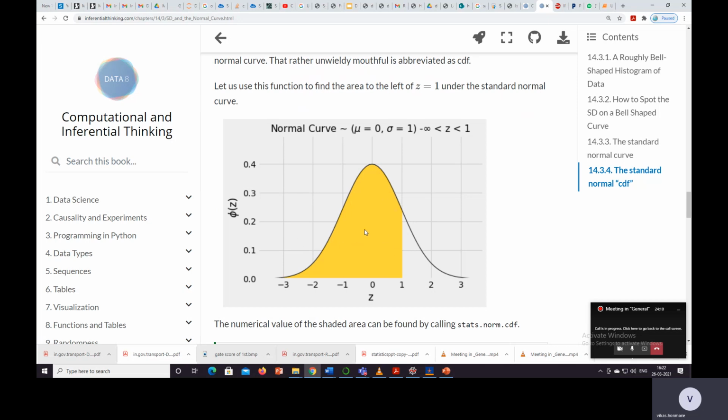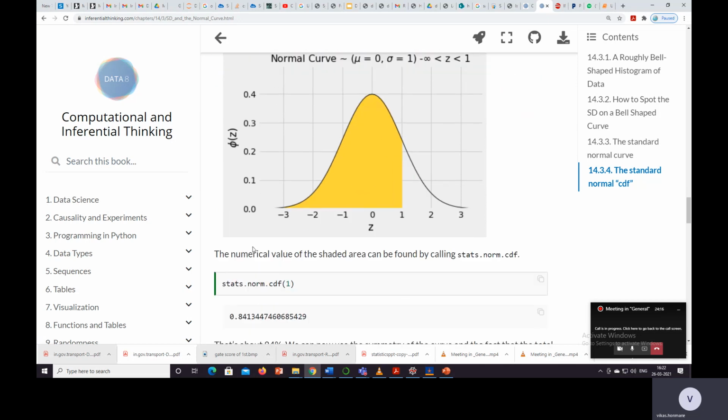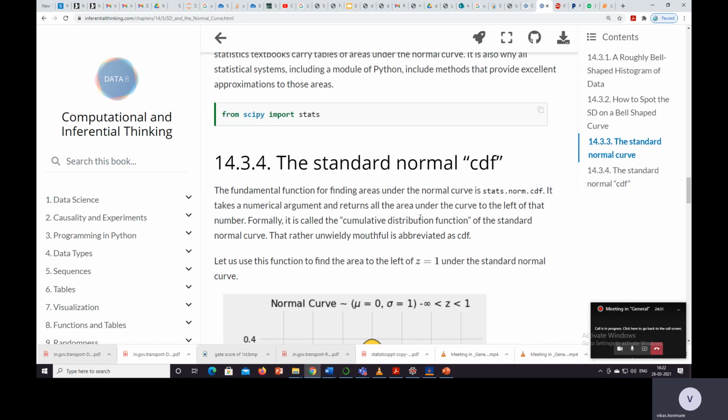So this is the region shaded in yellow that we have to find. The numerical value of the shaded area can be found by calling stats.norm.cdf. As we already saw, the fundamental function for finding area under the normal curve is stats.norm.cdf.